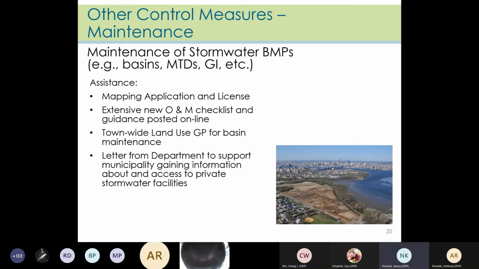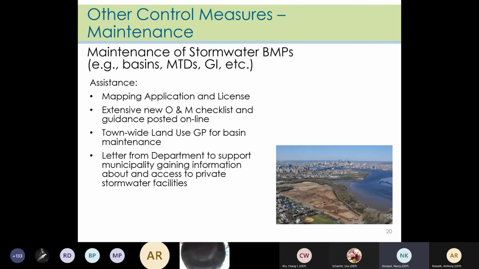In particular, we've created the mapping application and are offering the licenses for free to the permittees so that you can map the location of your BMPs and include information about their current status in the app as well. There's an extensive new O&M checklist and guidance posted online.